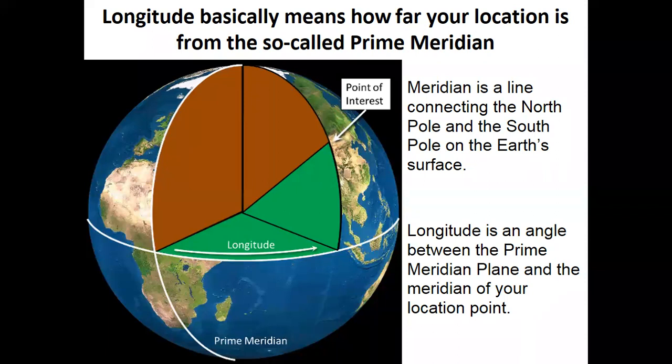This is a line connecting the north pole to the south pole on the Earth's surface. And there is one meridian called the prime meridian, and from its plane we could measure the angle between this meridian and the direction to your object.